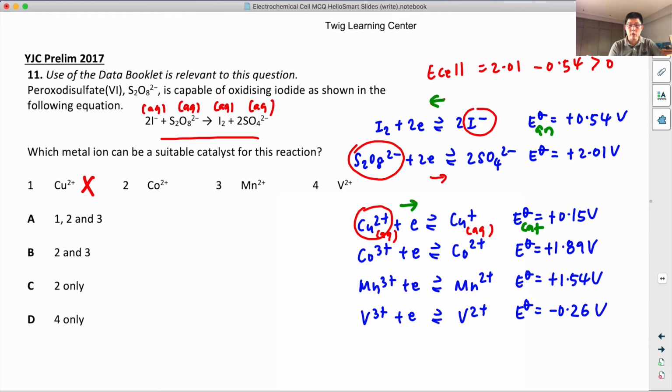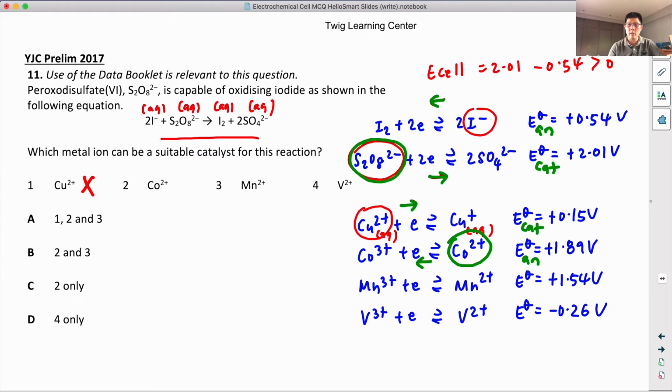So if I use cobalt 2 plus, check. Cobalt 2 plus will react with S2O8 2 minus first. So cobalt 2 plus will undergo oxidation and S2O8 2 minus will undergo reduction. Can you see that? And what is my E cell? Okay, this is my E cathode and this is my E anode, right?